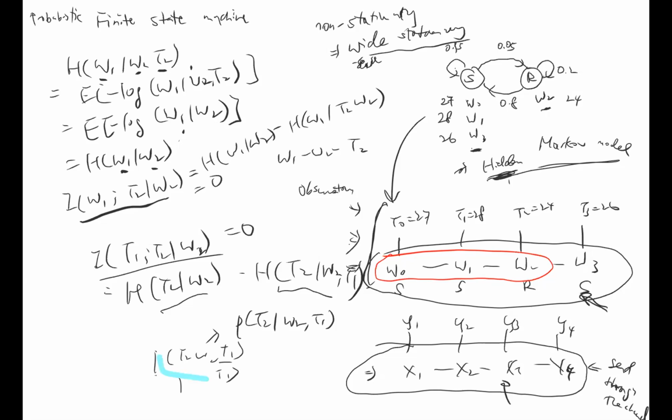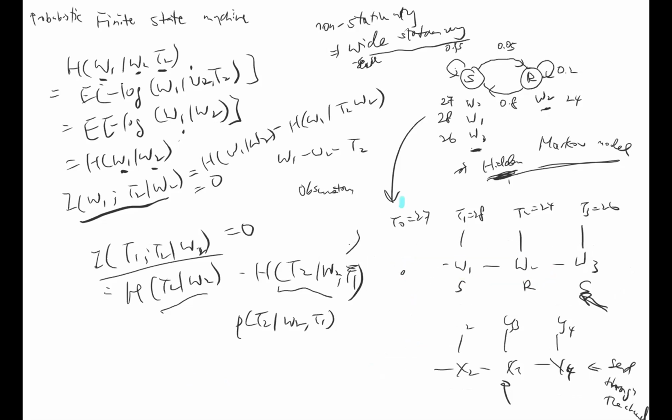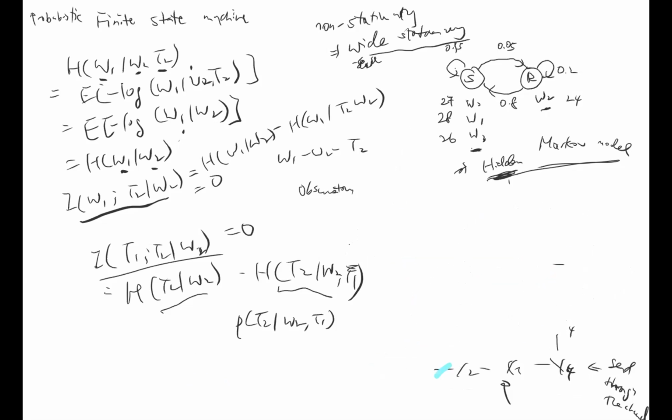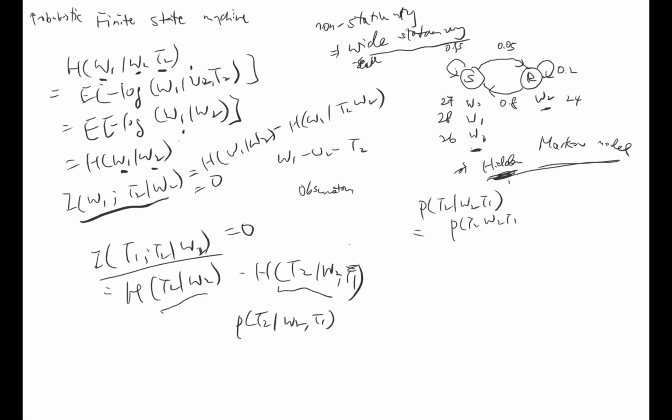Let me get better handwriting here. So P(T2 | W2, T1). So I need to consider P(T2, W2, T1) over P(W2, T1) here. And let's see.